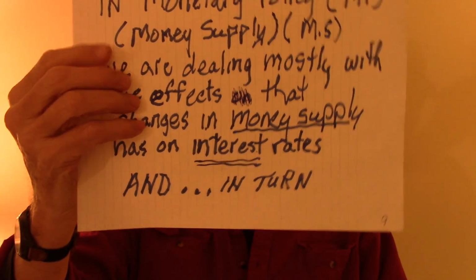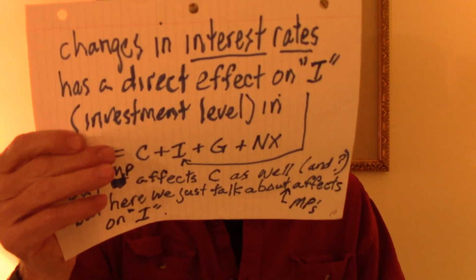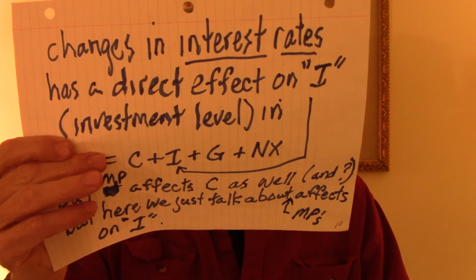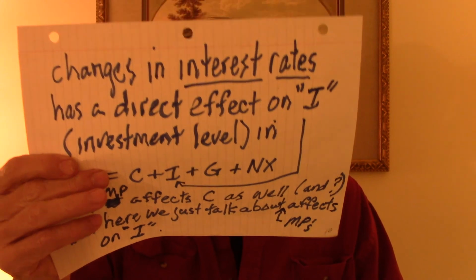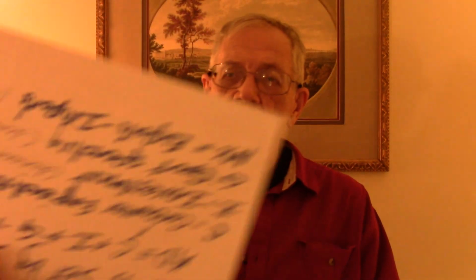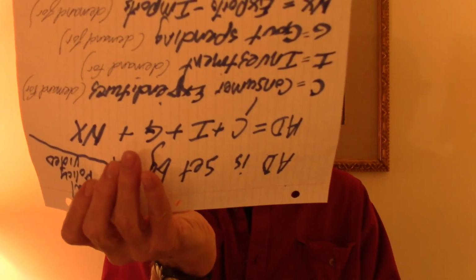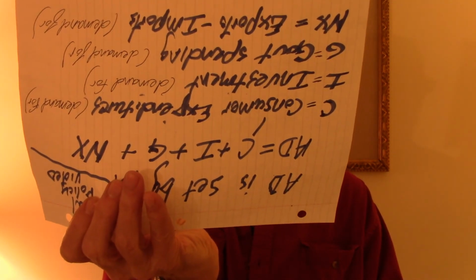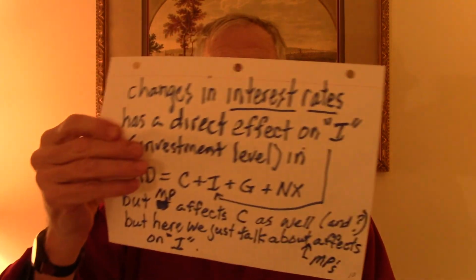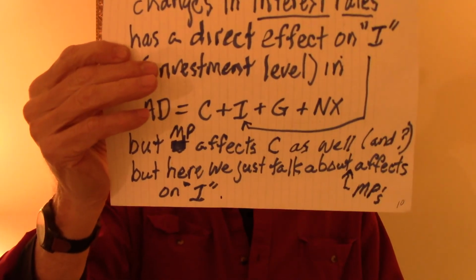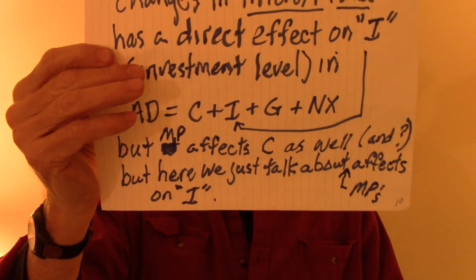Okay, and in turn, changes in interest rates affect I, the investment, the I in that formula. The C plus I, that I, it affects that. So changes in interest rates affect the I, and that's what we're going to focus on.